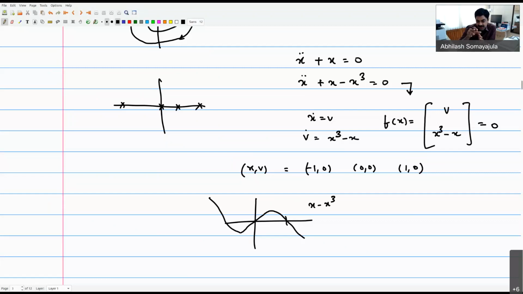So when I displace by a small angle and let it go, what happens? I displace the vessel by a slight value and let it go. v dot will be negative.